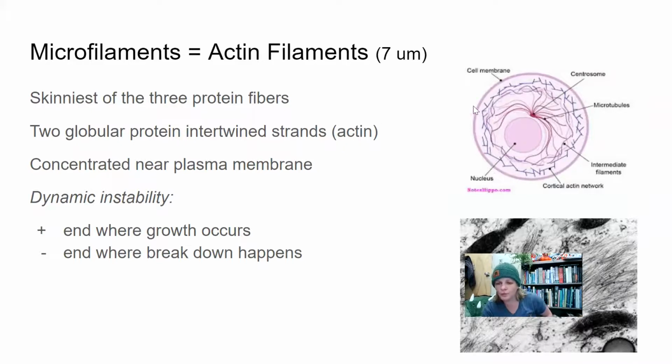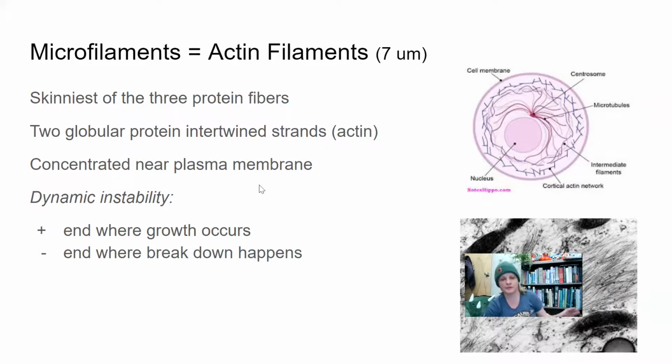So these are really to hold that plasma membrane in place. And then we can see where the other ones are. We have the intermediate filaments on the inside of those actin filaments, and then we have the microtubules that are concentrated near the nucleus.